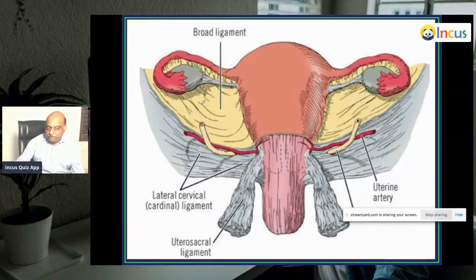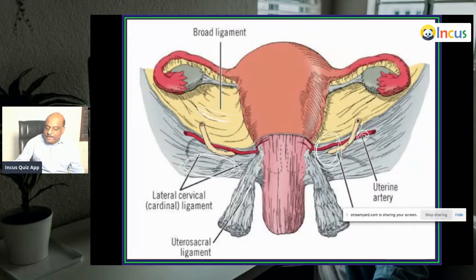So there is a broad ligament. This is the lateral cervical ligament, otherwise called cardinal ligament. You have a uterosacral ligament which is giving posterior reinforcement to the uterus, and here the uterine artery, and here you have the ureter. They both are very close.